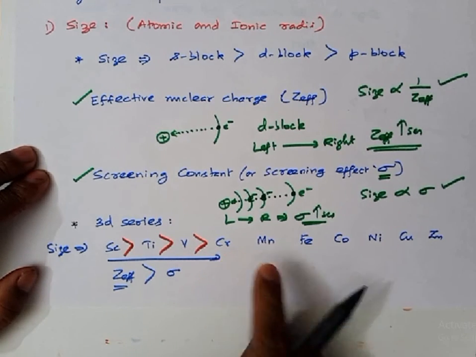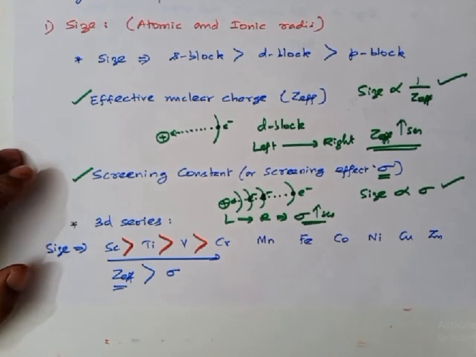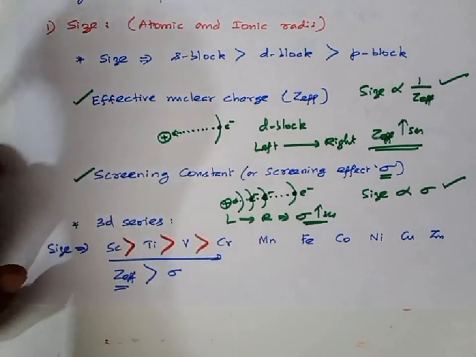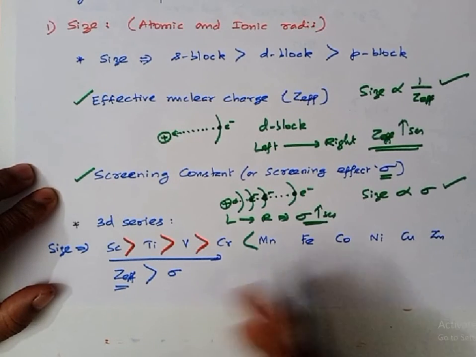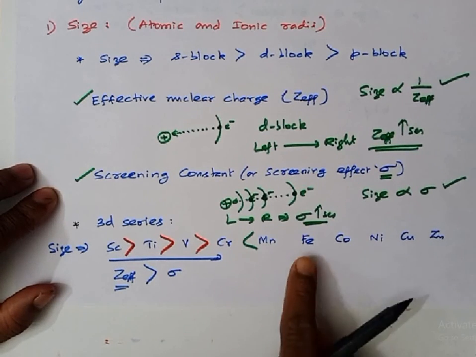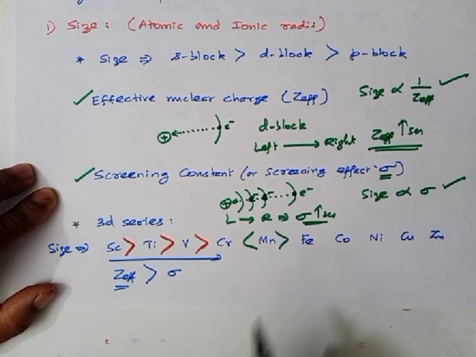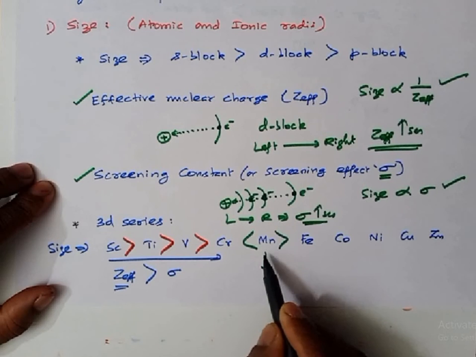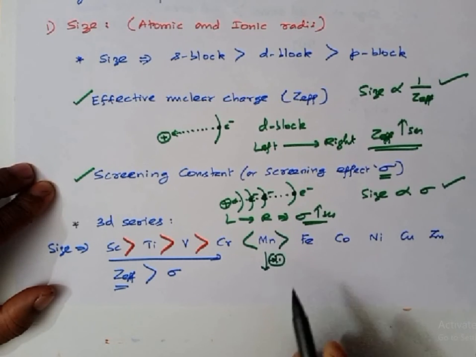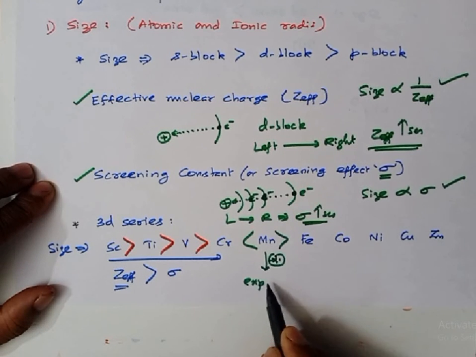Then after chromium, students observe carefully, suddenly for manganese, size becomes large. Size increases. Even compared to iron, the size of manganese is large. This is a very important one. This is what is experimentally observed.